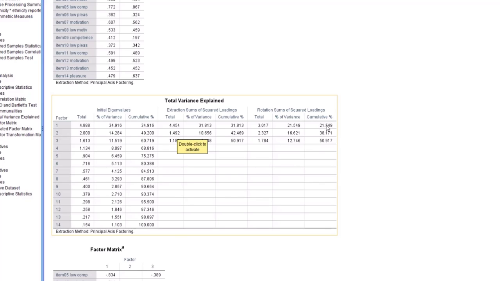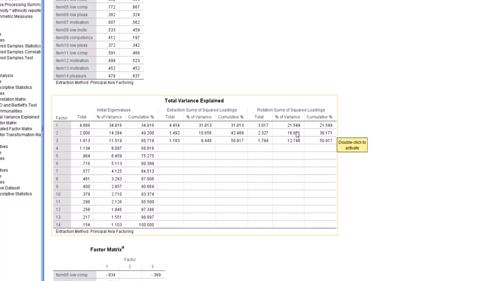So we want to say 21% of the variance in the responses can be explained by motivation, if that's factor 1. Then we can look at the second factor and the third factor.